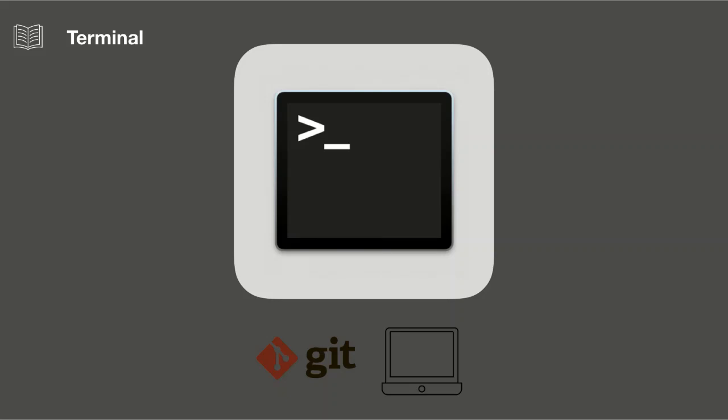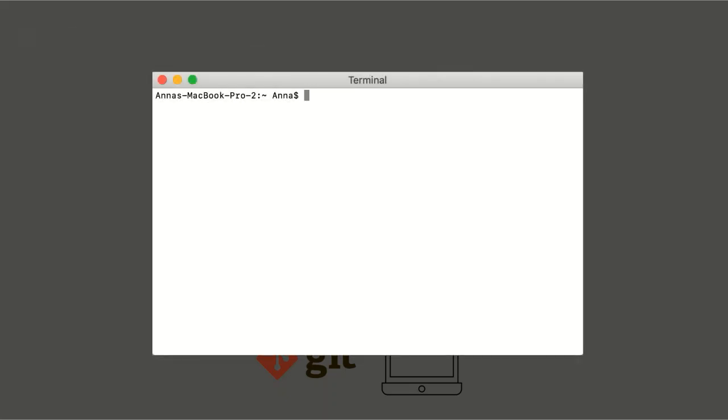So the terminal is a place where you type in commands and make things happen on your computer or see information. When you first open up the terminal, it's going to look something like this. At the very top, you have the prompt, and it's made out of three parts: the name of your computer, where you are in the file system, and the name of your user, followed by a $, and then a space where you can write commands.